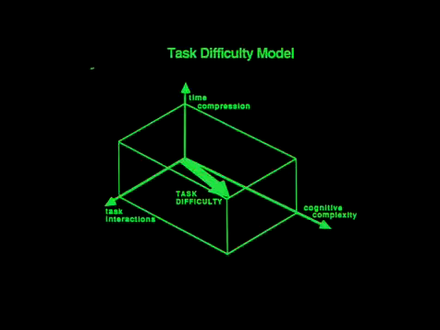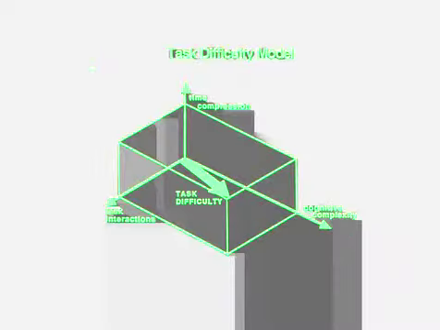Basically what we have is this. We have a situation where a task may be difficult because of things going on. For example, there's not a lot of time to do the task. In that video we saw that there was pretty high time compression, and other things are going on. That all relates to this notion of task difficulty.